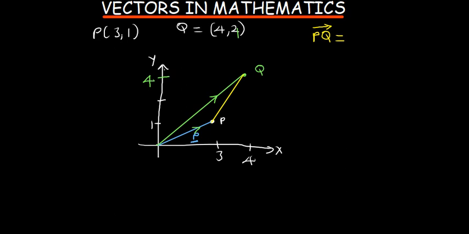And since we said 4 comma 4 is q, let me give this one a small q with a dash down to represent vector q. Meaning that from this point going up to this point, that is vector q. That's why I've put just a small q to mean that vector. Now if I want to find PQ, how can I move from P to Q?